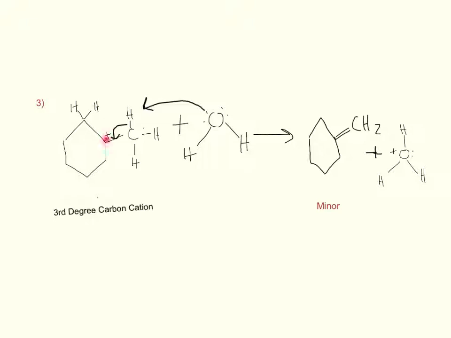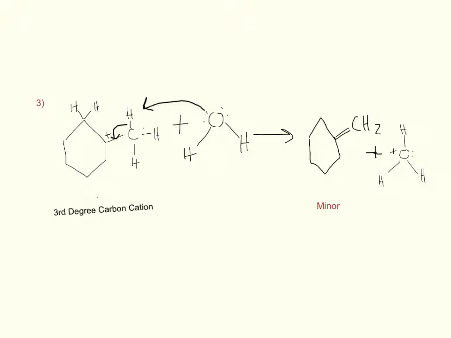So again, here we have the tertiary carbon cation that was created with the hydride shift. And again, instead of taking one from here, which is likely to happen, this water could have taken the hydrogen from this carbon, and then a double bond could have been formed here.